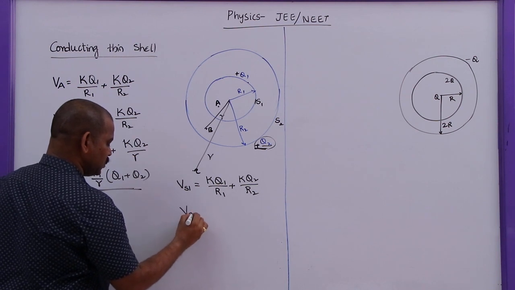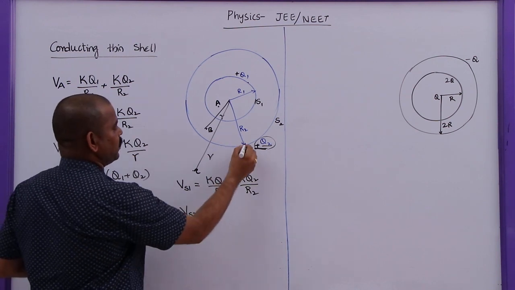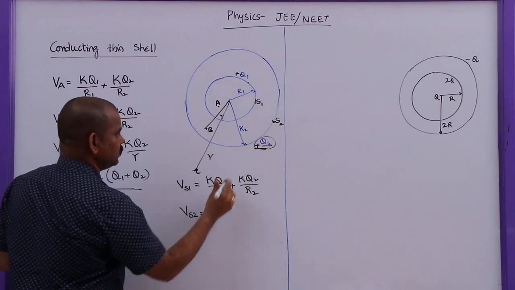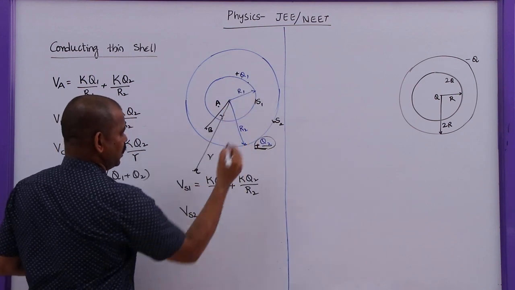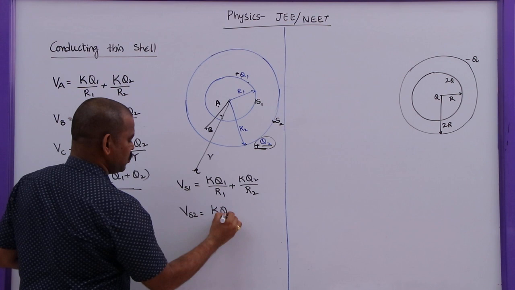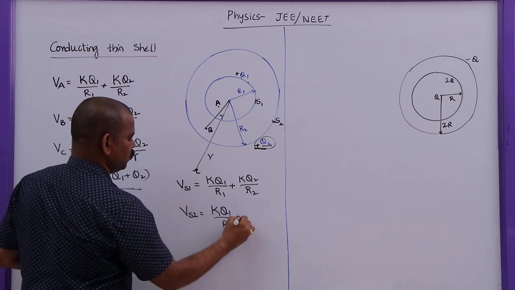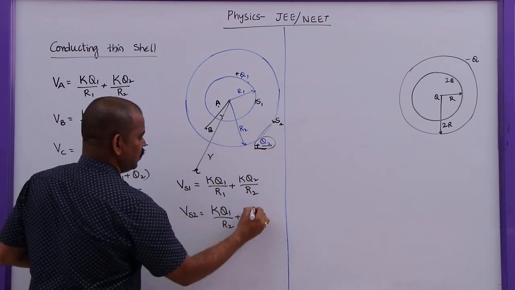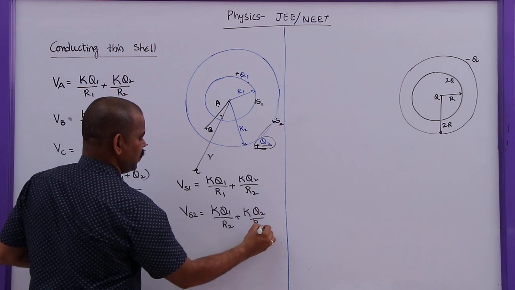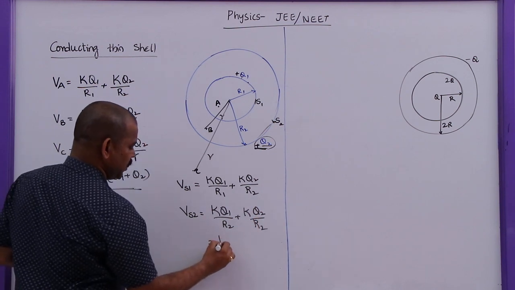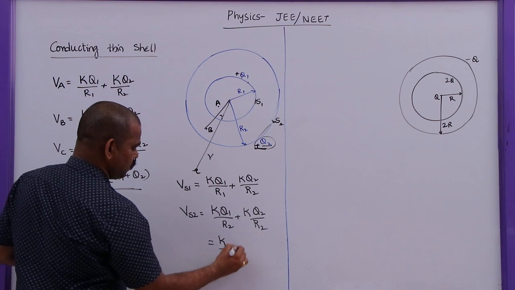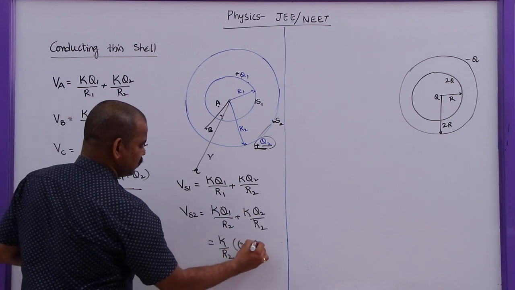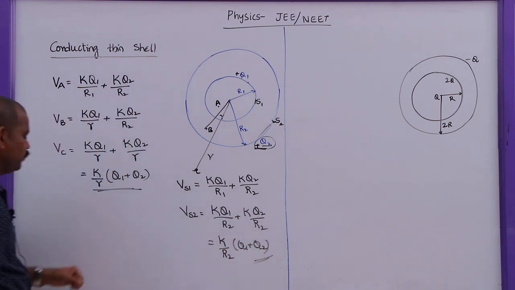Similarly, what is the potential on the second surface? This is due to this charge Q1 at a distance R2. So this is KQ1 by R2, plus on the surface of this one, KQ2 by R2. So this can be written as K by R2 times the sum of the charges, that is Q1 plus Q2.